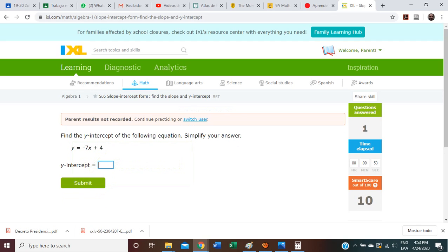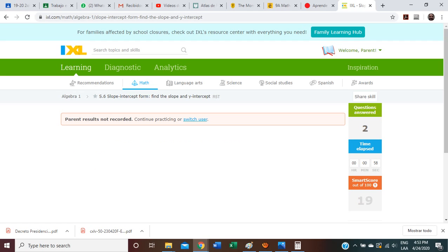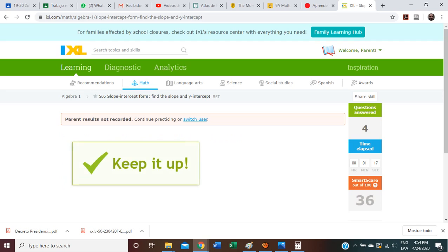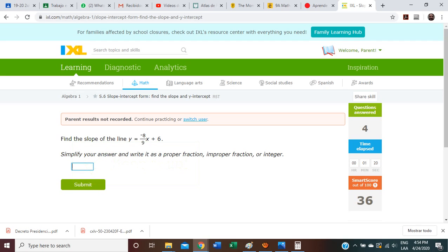I am being asked about the y-intercept, so the answer is 4. That's it. I am being asked about the y-intercept again, so the answer is this very same number. All right, y-intercept, there is no other number, so what is the answer? 0. Okay, now it is the slope that I am being asked. Okay, so the slope is this.